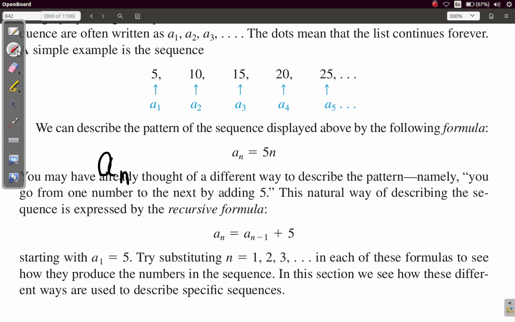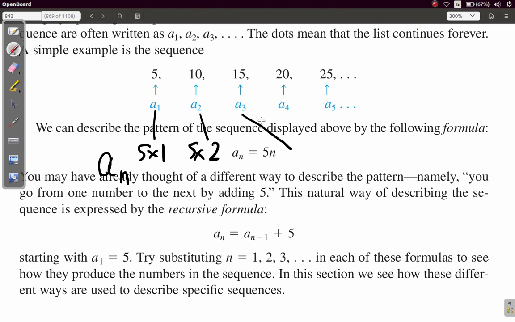In this case, we say it's 5n. What that means, the first number is 5, which is 5 times the position, which is 1. The second number, in position 2, is 10, which is 5 times 2, 5n.